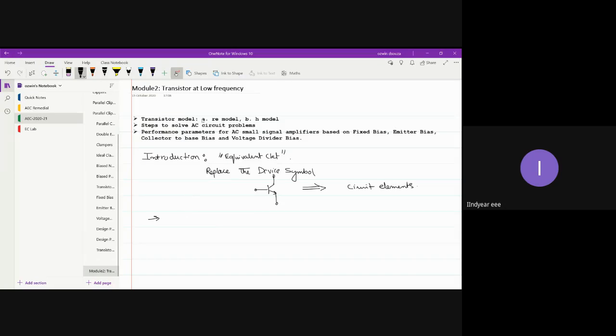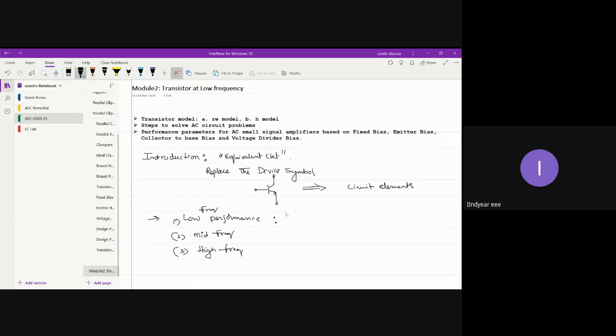All right, next. Here we are predominantly assessing the low frequency performance. But strictly speaking, your amplifiers are subjected to three frequency ranges: low frequency, then mid frequency, and then high frequencies.